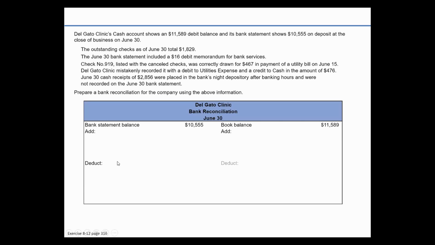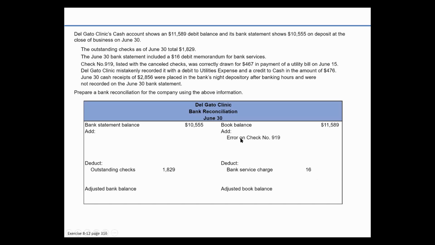First of all, we have to deduct our outstanding checks, and that's the amount of 1,829. Again, checks written that haven't been processed yet, we'll deduct from the bank balance because the bank doesn't know that those checks are outstanding. And then we'll have to deduct from our book balance the bank service charge of 16 because the bank took it out, but we haven't yet taken it out of our books.